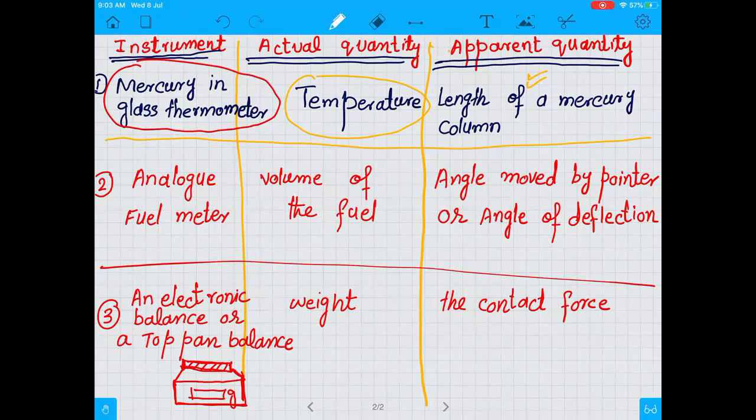Basically, what you have to understand is that every instrument has to read a quantity that is called the actual quantity. And instead of reading that quantity, it reads some other quantity and then converts it into that quantity, and this process of converting is called calibration.